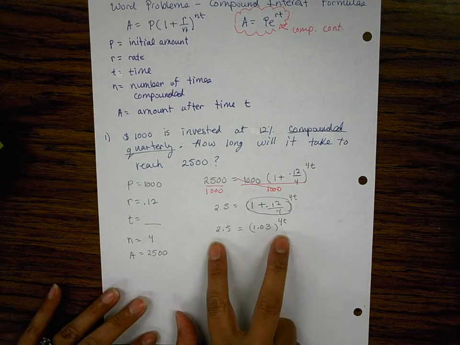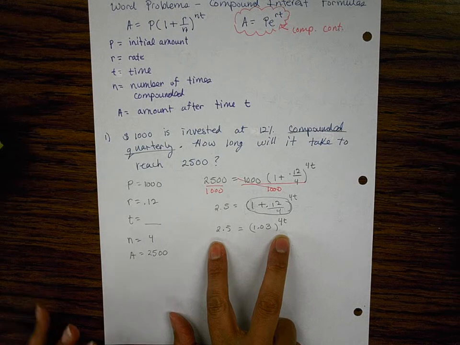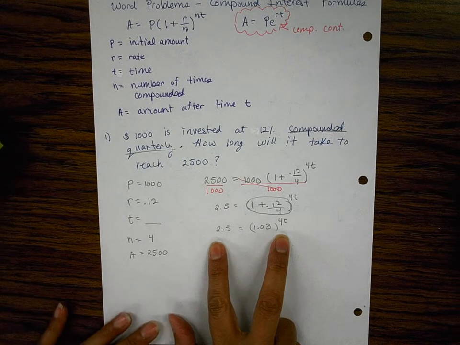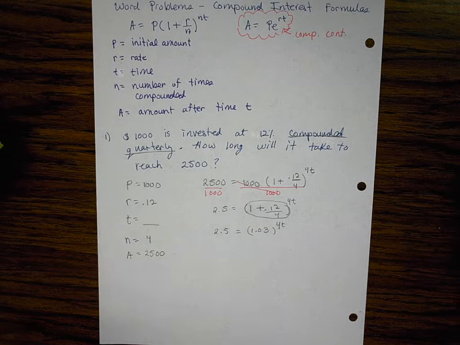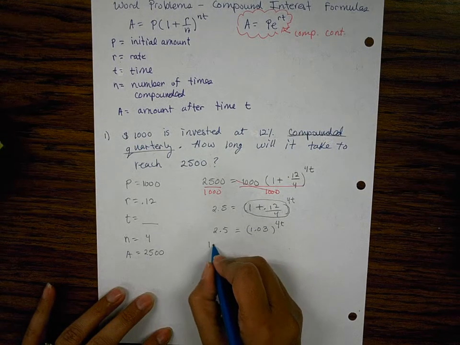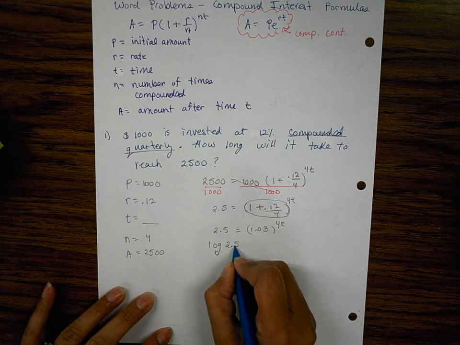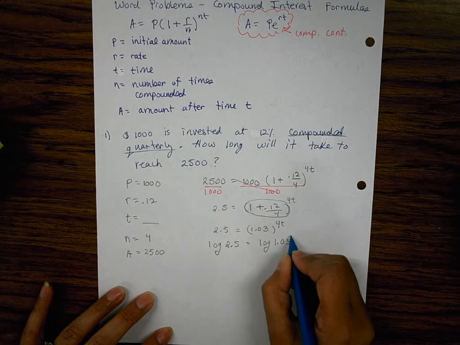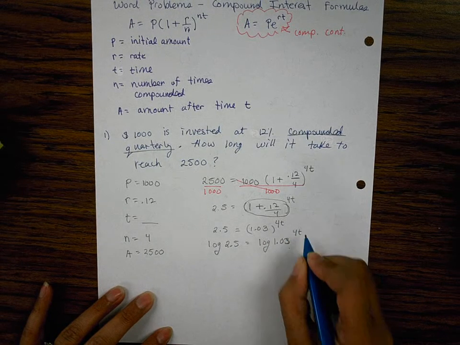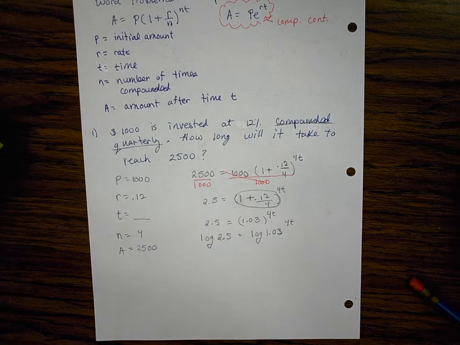Okay, think back to the review problems we just went over. What kind of problem is this? Where's the variable? Is the variable the base, or is it the exponent? It's the exponent, and I want to bring it down, so I'm going to take the log of both sides. Log of 2.5, and I'm using base 10, equals log of 1.03 raised to the 4t.